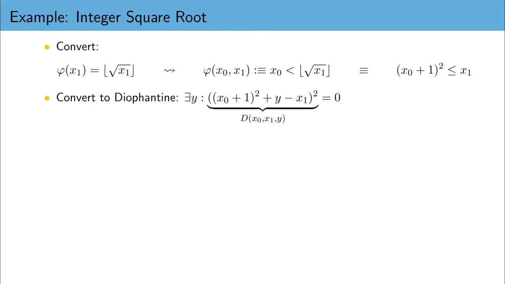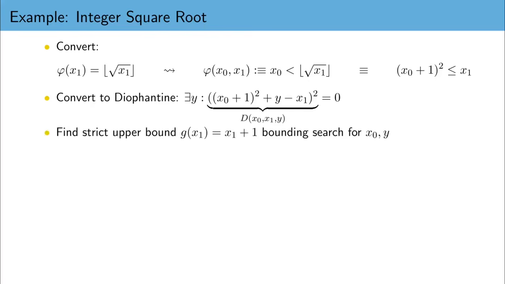And now we need to search for zeros of d. We have a particular x1 in mind, and we need to search for values of x0 and y that make d 0. We'll need some strict upper bound, call it g of x1, on our search range. We'll use the same g for our search on x0 and y. We don't have to, but it's notationally easier that way.